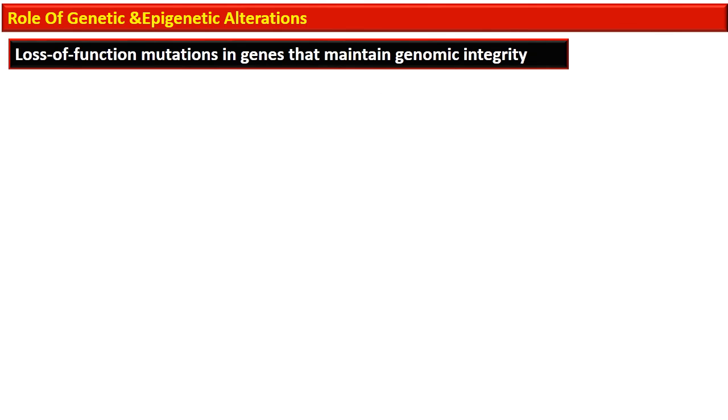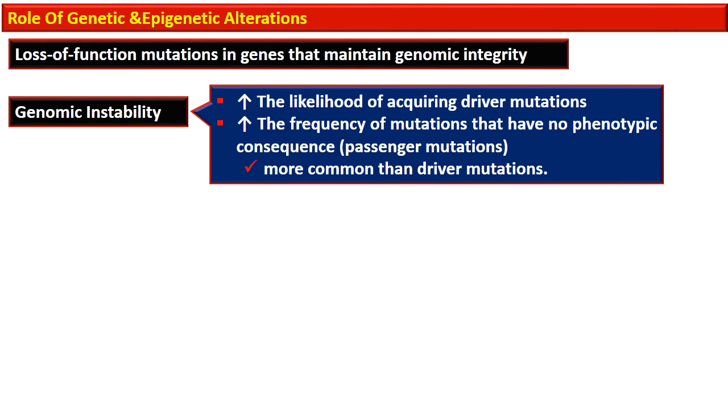Loss of function mutations in the genes that maintain genomic integrity is another genetic theme, and when this genomic instability is introduced, there will be an increased likelihood of acquiring driver mutations and an increase in the frequency of mutations that have no phenotypic consequence.